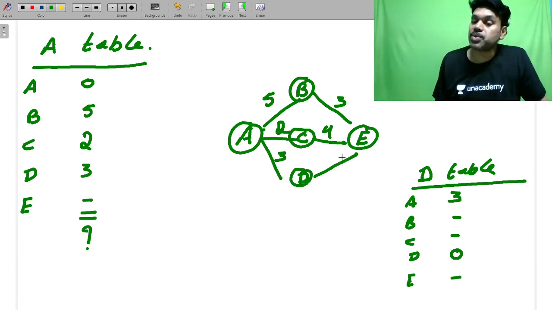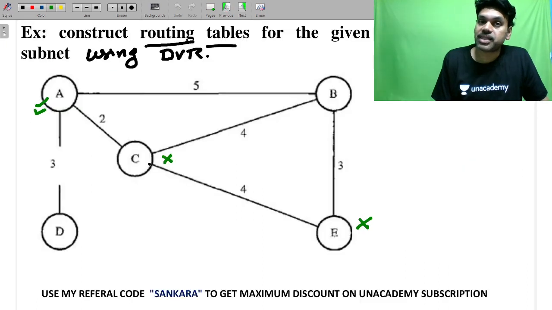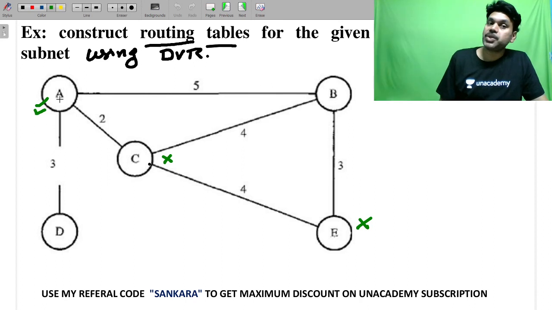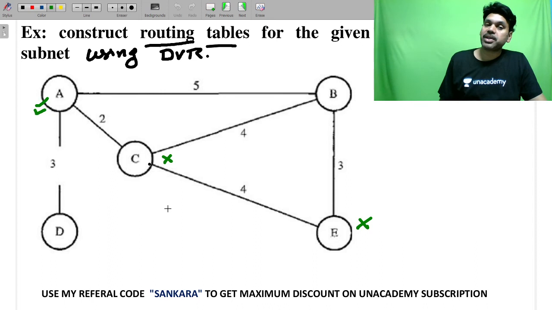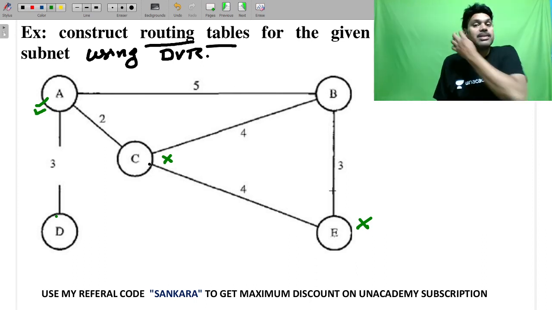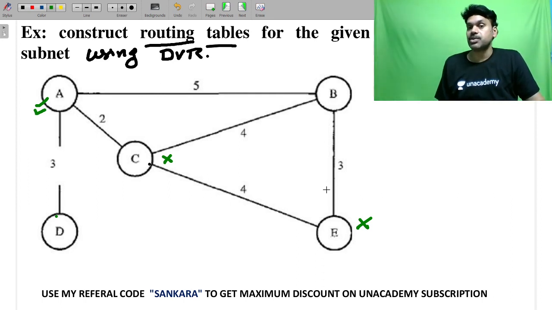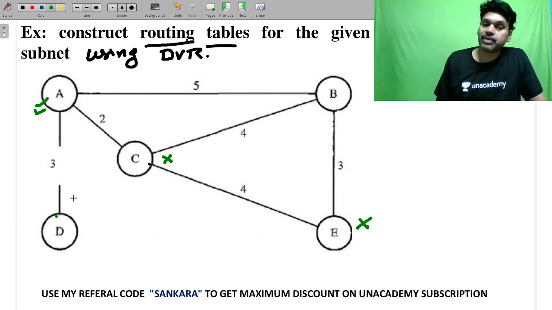So how are you going to go to D to E? Let us find. D can go to E via D to A and again A to B and B to E. What is the shortest? D to A is a 3 and A to B is a 5. 3 plus 5, 8 and B to E is a 3, so 11. So D can go to E with 11 cost. Otherwise, D to A 3, A to C 2 and C to E 4.